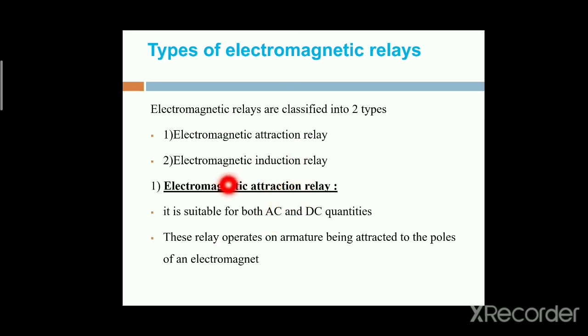In that name we are having the attraction. On the basis of this attraction, the electromagnetic attraction relay is operated. This is the basic introduction to the electromagnetic attraction relay.